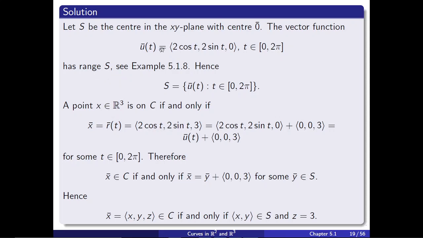So it is the range S, where S is just the circle that we already know, and that's what we did in example 5.1.8. Let's now think of a point in R3 which is on C. So we created a new one, S.